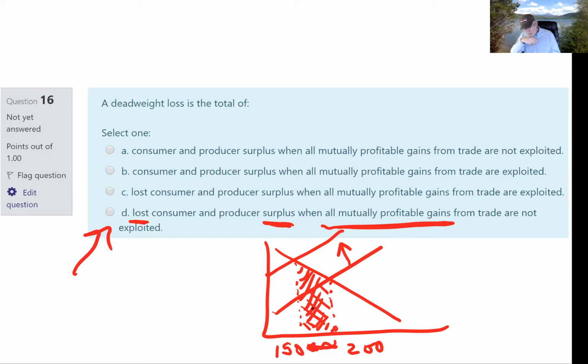And the benefit of those last 50 units is this area here. If we impose the tax, then we lose that benefit that we could have had. That's the deadweight loss.